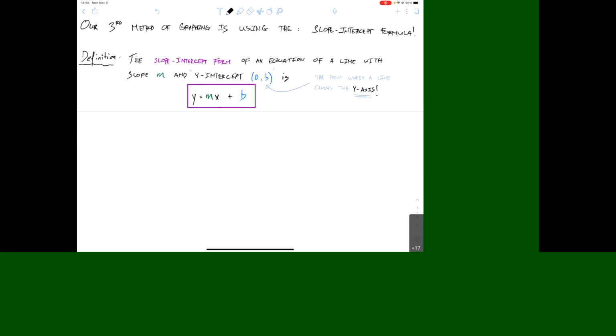So suppose they say, example 2, graph y equals 2x plus 1. And obviously, I want you to use the slope-intercept formula. So no plotting points, no intercepts, anything like that.